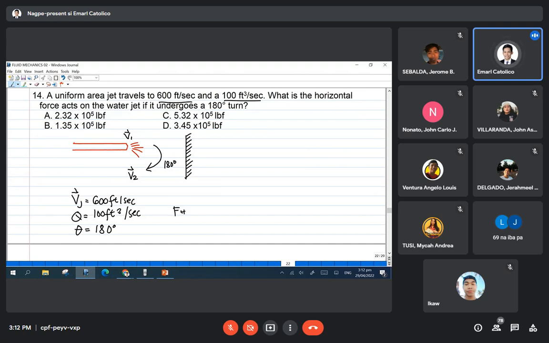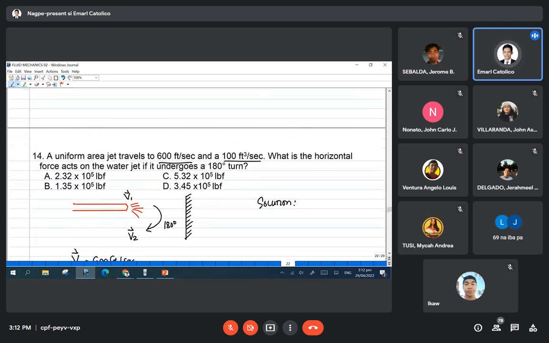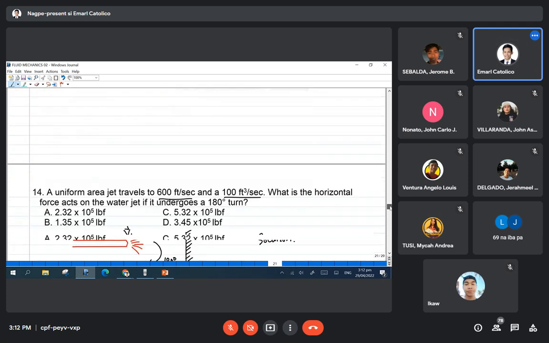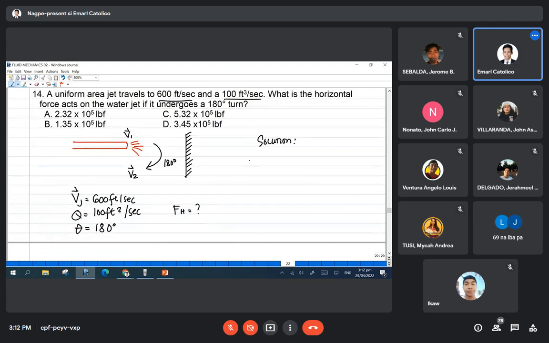So, FH. Okay. So, horizontal force natin, anong formula? Yung na-derive natin kanina. Density times area, velocity ng jet squared, 1 minus cosine theta.